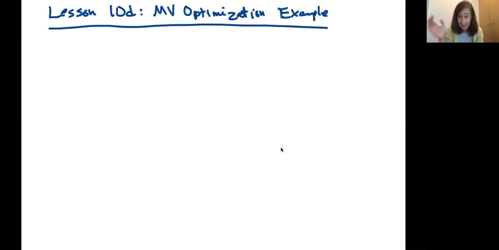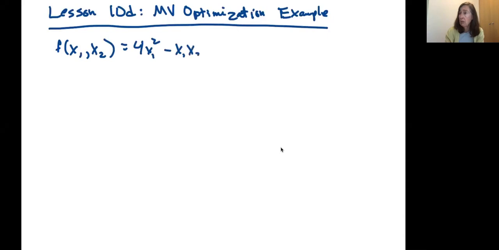So let's just do a little example of multivariate optimization. Let's take this function of two variables, x1 and x2, for x1 squared minus x1 x2 plus 2 x1 x2 squared.